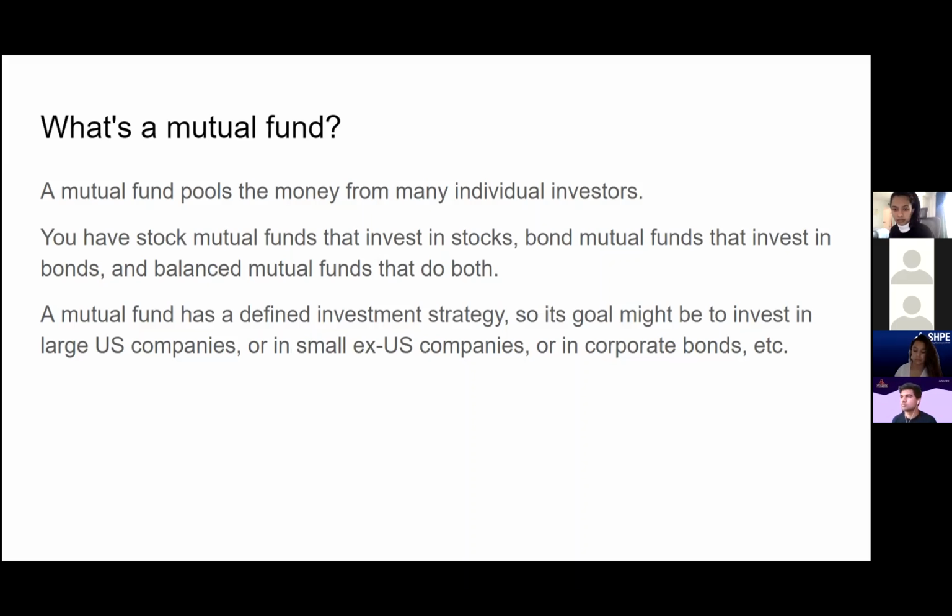And the thing about funds is that there's usually a defined strategy. We'll be talking more about total market index funds. You might have a fund that invests in the whole stock market. You might have a fund that invests in some corner of the stock market. You might have a fund that invests in US government securities. So that's how you characterize a fund.